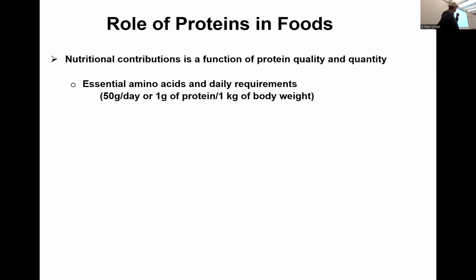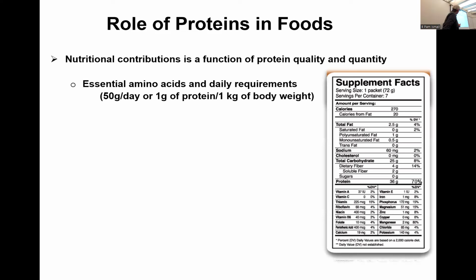But we need those 50 grams to have the complete essential amino acids and the minimum requirement of those amino acids. So there are requirements for each of the essential amino acids. And sometimes we see a label that has the percent daily value, like, okay, I'm 36 grams, that represents 70% per serving of the daily requirement.